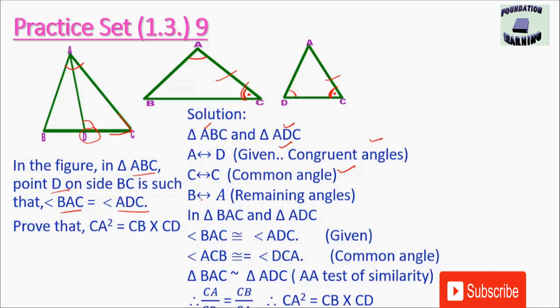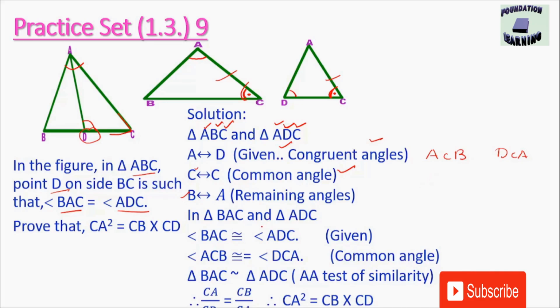Now A with D, C with C. So what is the remaining angle? B with A. So B with A is the remaining angle. Now we'll name it as it is. We can name it as BAC and ADC, or you can write ACB and DCA.